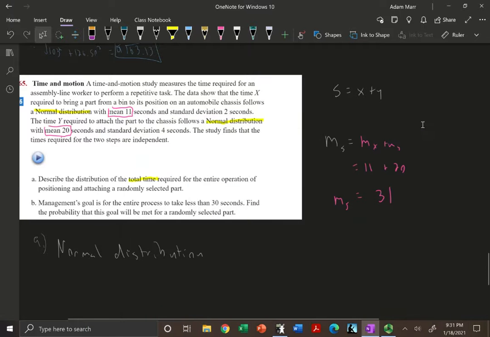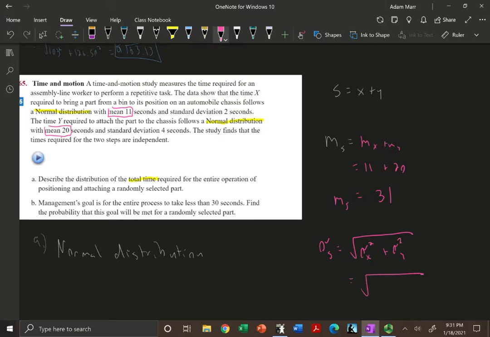Well, just like the last question, the standard deviation of the sum is going to be the square root of the standard deviation of X squared plus the standard deviation of Y squared. It looks like the standard deviation of X is 2 and the standard deviation of Y is 4.